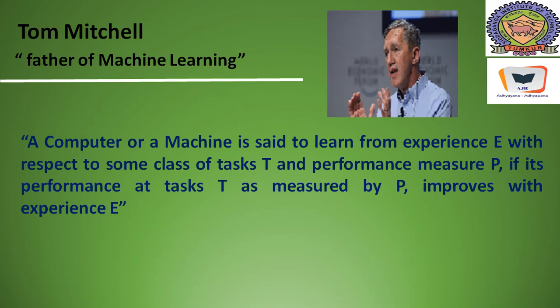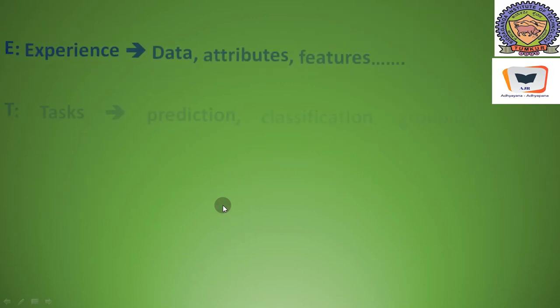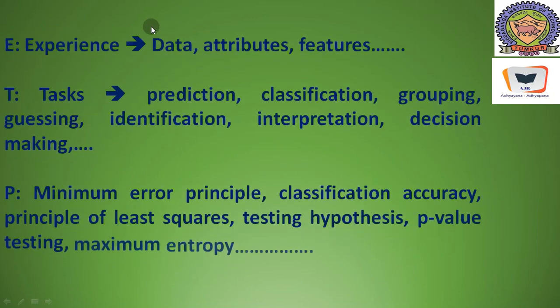as the data deluges in huge volume, the performance measure goes on reaching higher values, maybe in terms of accuracy, maybe in terms of prediction, or whatever. Here experience E means it could be data, attributes, features or characteristic features.